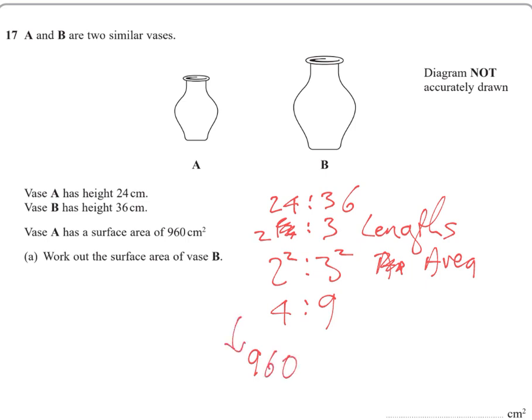So what do we times that by? 960 divided by 4 is 240. So we've got to times this by 240. It's 2160.